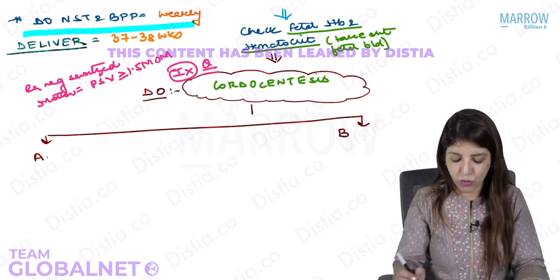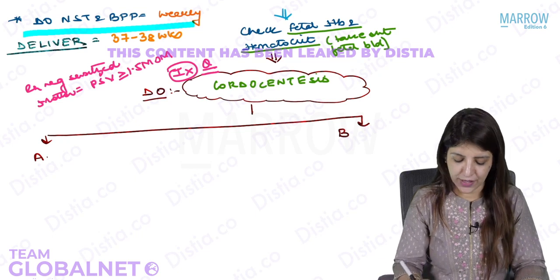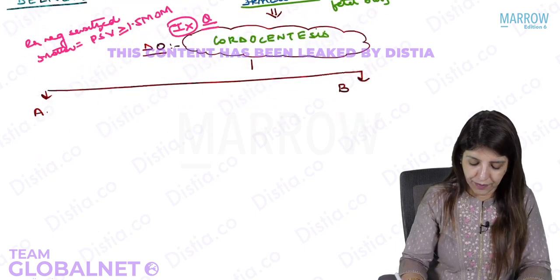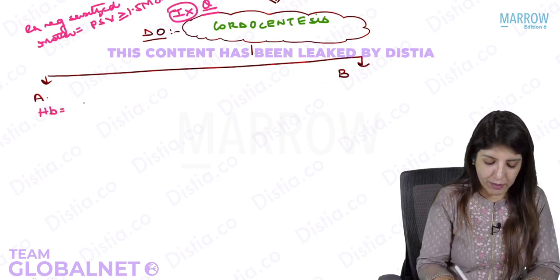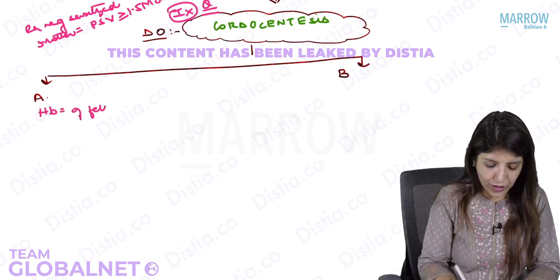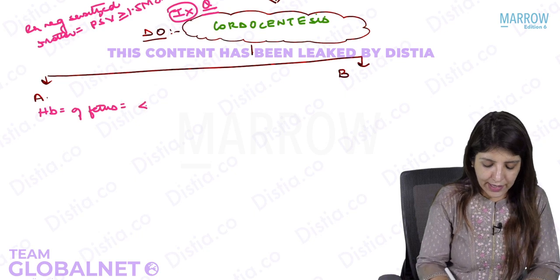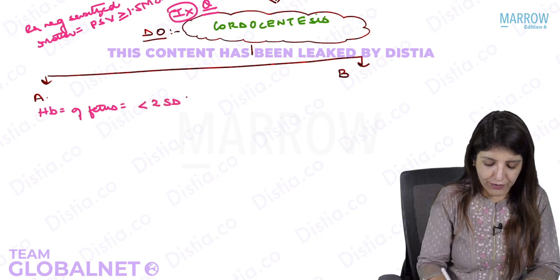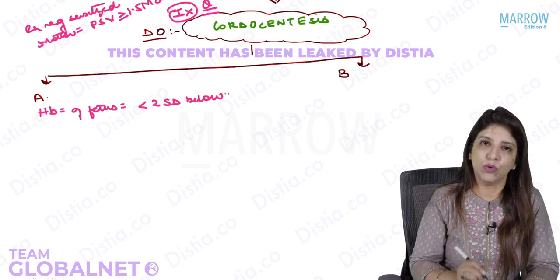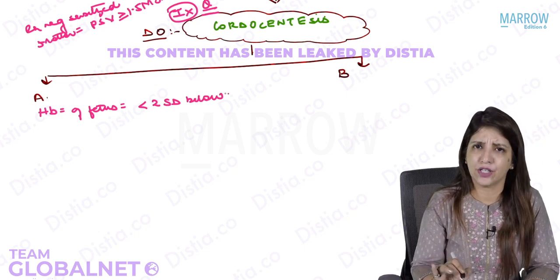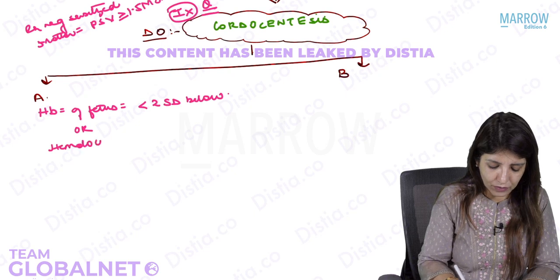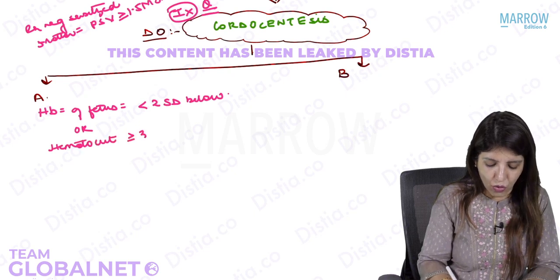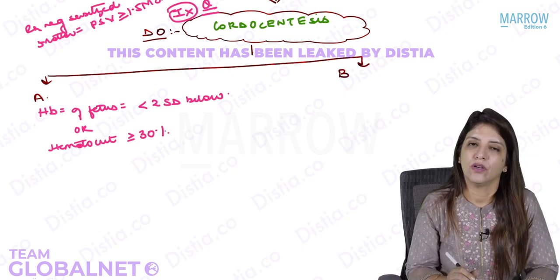Now, suppose I have done chordocentesis and I find that the hemoglobin of the fetus is less than 2 standard deviations below, or hematocrit is more than 30%, right?